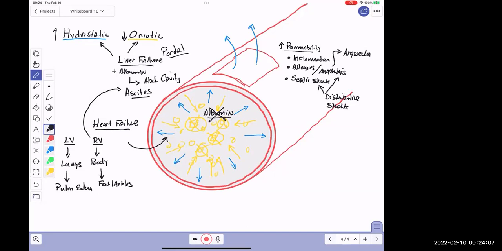But I just wanted to give you some examples of some common conditions where you have alterations in hydrostatic and oncotic pressure that result in edema. All right. You can also have impairment of the lymphatic circulation. The lymph vessels are just the vessels that reabsorb fluid in the interstitial space and bring that fluid back into the venous system, back into the vena cava.